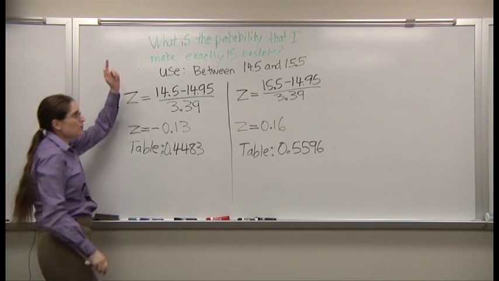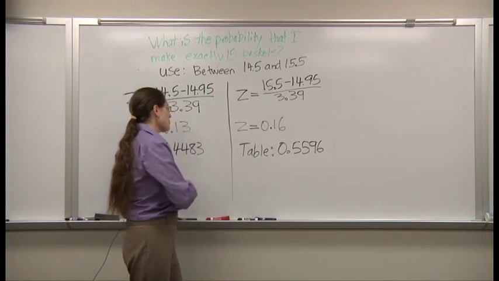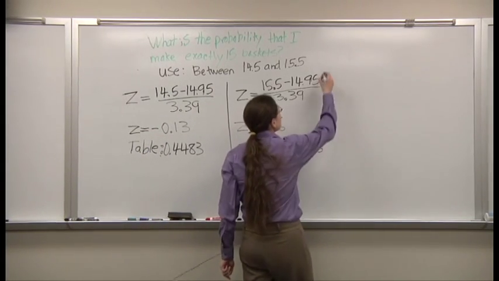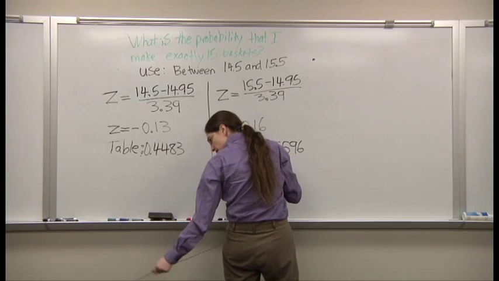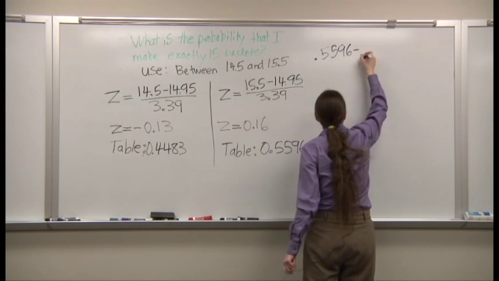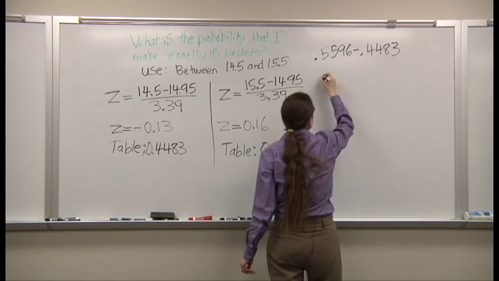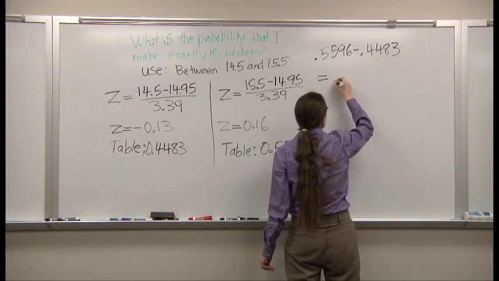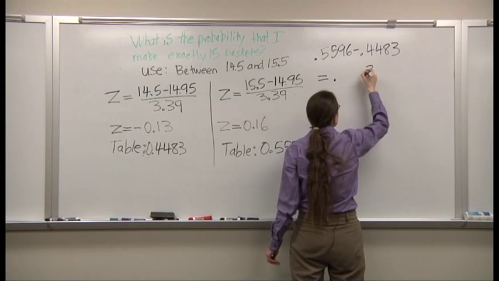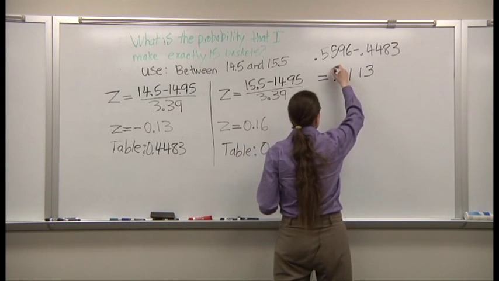And what do we do when we're finding the probability that x is between two values? Yes, we subtract the table values. 0.1113.